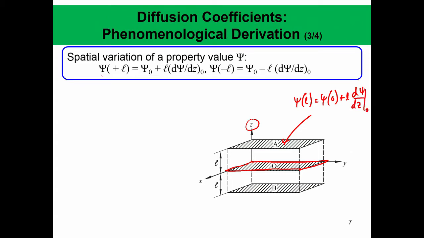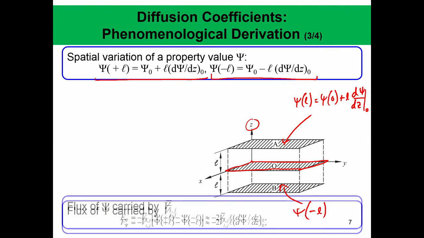This can be easily obtained by Taylor series expansion up to first order, and we can also write xi minus L is equal to xi 0 minus L times d xi dz at 0. So this is xi at plane L and xi at plane minus L, and this xi can be any property as such. Here we do not specify the property and we just consider a generalized property.